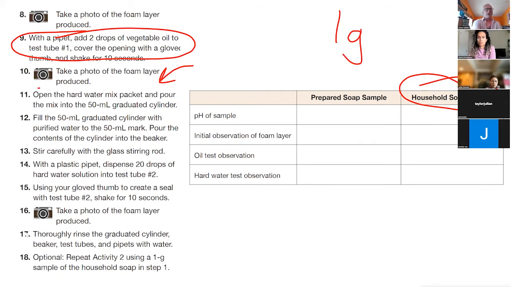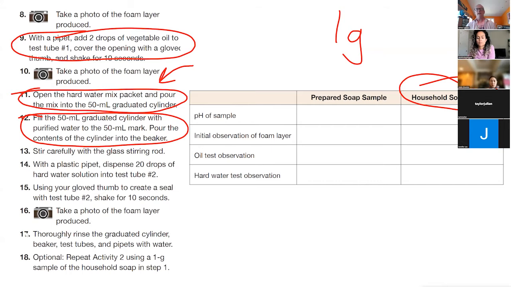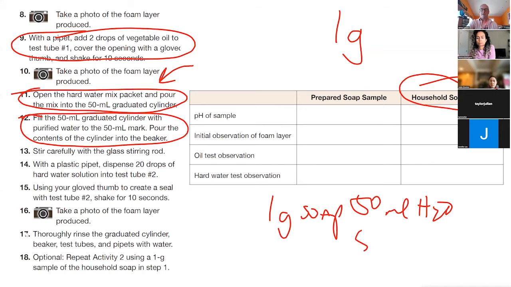So we'll take the hard water packet, pour it into the 50 mil graduated cylinder, add water, shake that up, and then put that into the beaker that has the water plus the soap you had before. So you should have 1 gram of soap, 50 mils of water, and now another 50 mils of hard water.